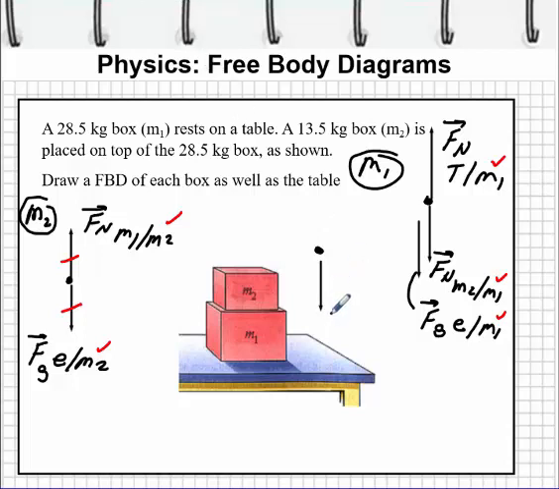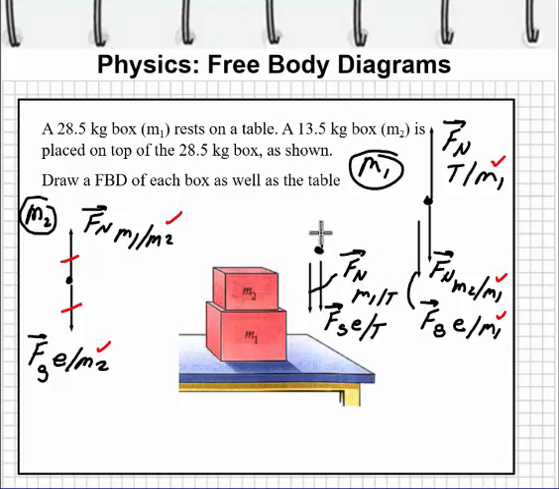So there'll be some force of gravity of the Earth onto the table. It would also feel M1 coming down. So it'll be a normal force of M1 onto table.